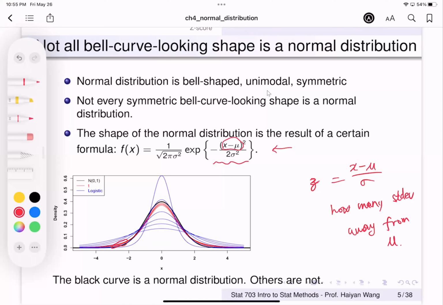In this plot, because of the logistic, this one that's tall, the overall vertical axis was being shrunk, so that it's hard to see how much the t distribution deviated from the normal. Later on in chapter 8, when more of the t distributions are plotted, you will see the difference between the t and normal. So in general, comparing the normal distribution with mean 0, variance 1, the t distribution also has more probability on the tail side.